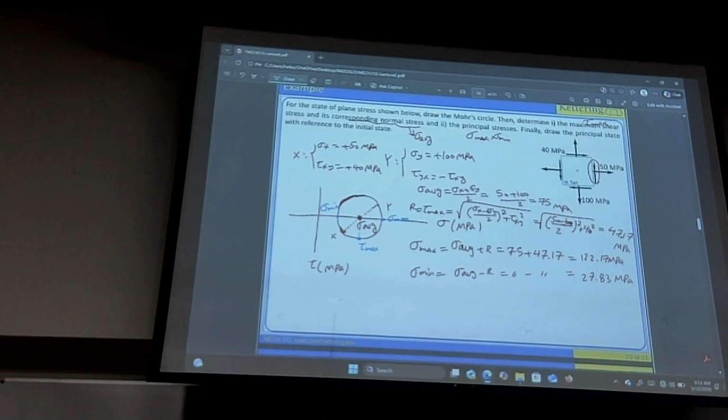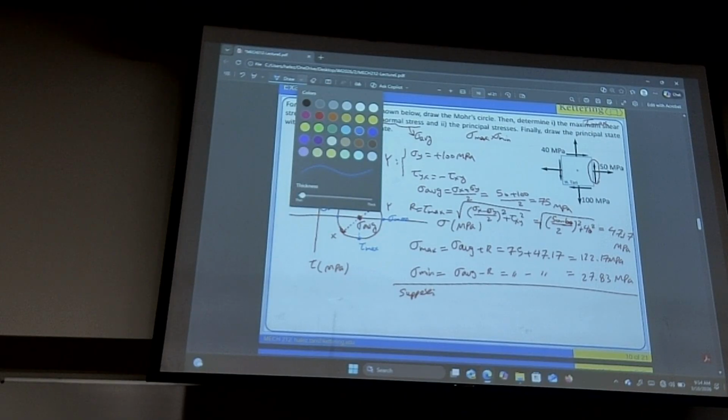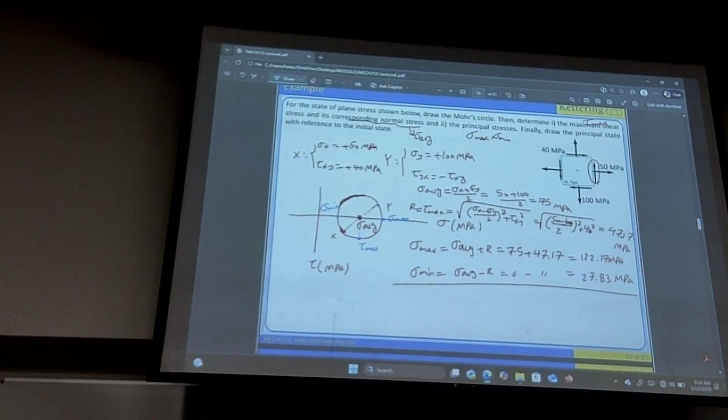All right, before we do the last part, let's do a suppose question here. Switch to blue. Suppose sigma ut is 50, sigma uc is 10 megapascal, tau u is 50 megapascal.